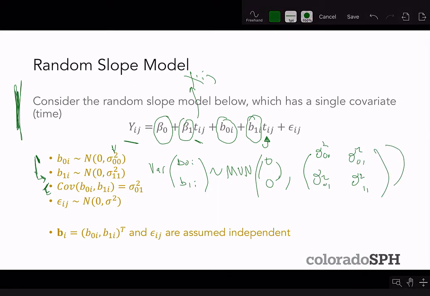That places a multivariate normal distribution on the vector of random effects.